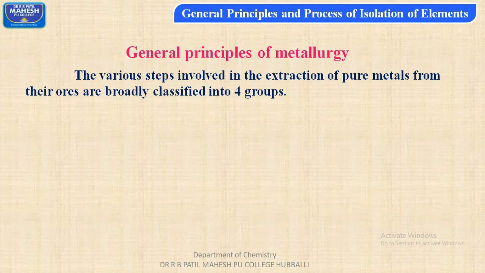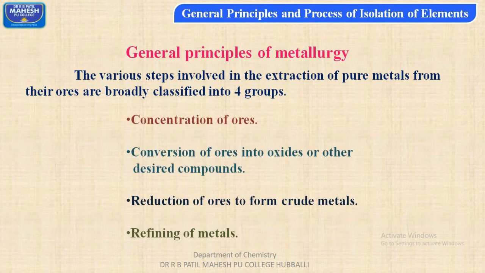And the first one is concentration of ore particles, and the second conversion of ore particles into respective oxides or other kind of desired compounds, followed by the third step, that is reduction of ores to form the crude metals, and finally the last step, that is refining of metals.